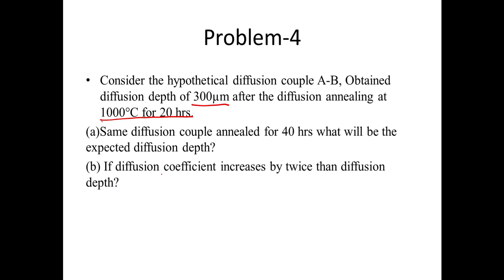And if the diffusion coefficient increases by twice, what will be the diffusion depth? In this question, we will understand the effect of diffusion annealing time as well as the effect of diffusion coefficient value by considering the equation x by root Dt equal to constant.